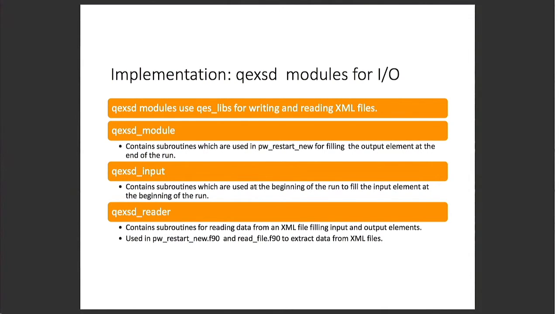Then we have another module, which does the same work for the input element. We have a third one, called QE-XSD reader, where you have the routines that are needed to read the XML file, and the reader is used in PW restart new F90 and in read file F90.